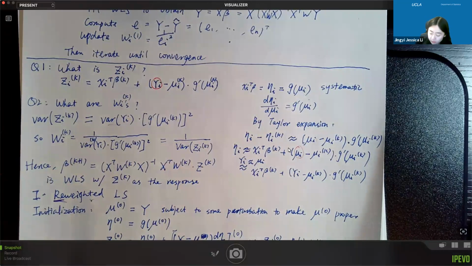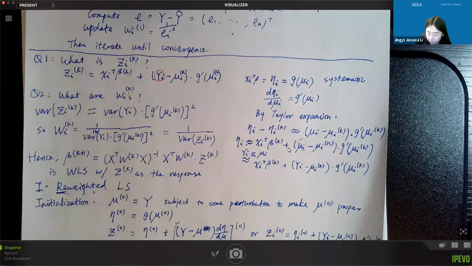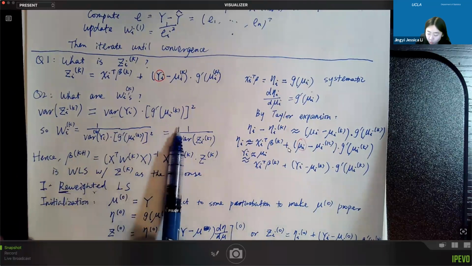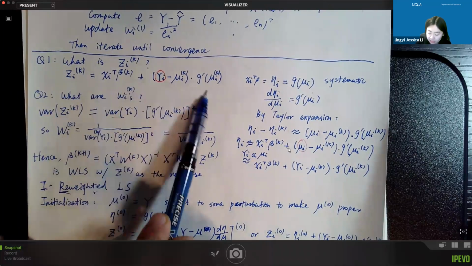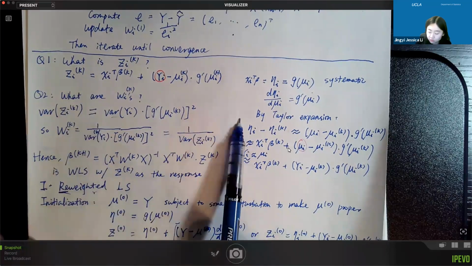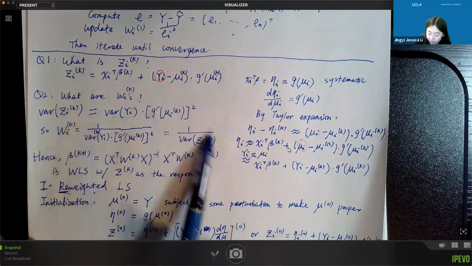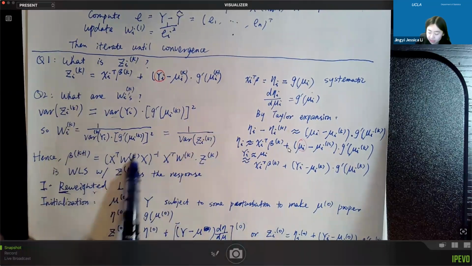Okay, so in summary, in the iterative reweighted least square, although the iteration is because of Fisher scoring, when we implement it in our GLM case, in each iteration, we first construct the working dependent variable zk, then we run weighted least square based on the weights for the zk.